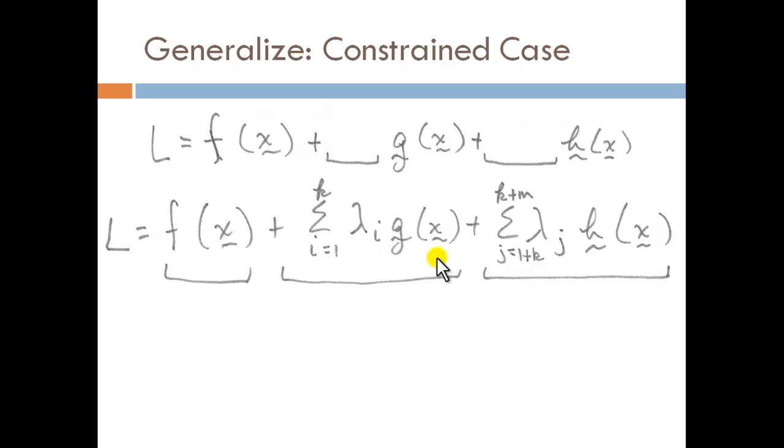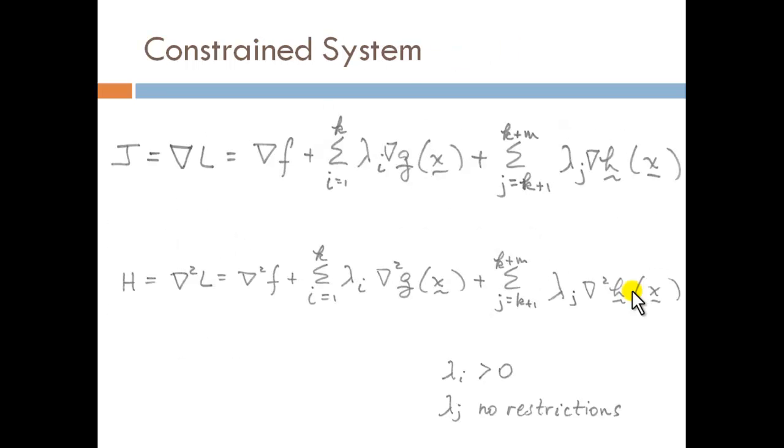As I've noted here, i equals 1 to k are for the inequality constraints, and for the equality constraints, we have j equals k plus 1 to k plus m. I've noted them this way so that we can distinguish between the different lambdas, these Lagrange multipliers. This equivalent function is known as a Lagrangian, which is what we're going to look at now.